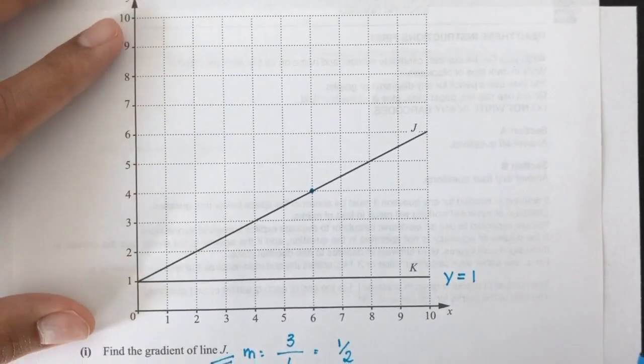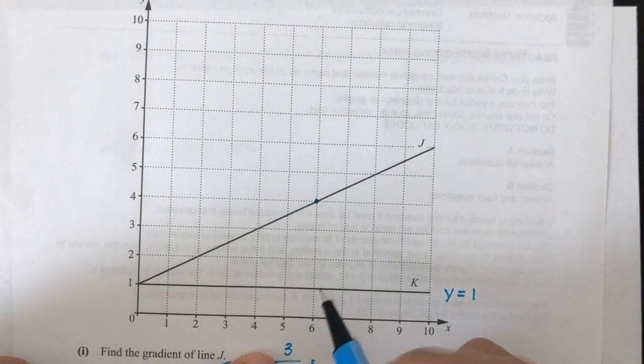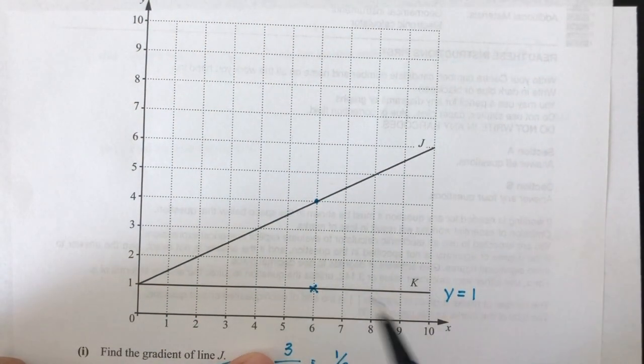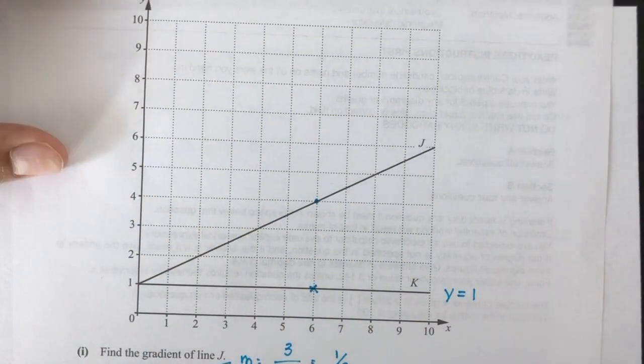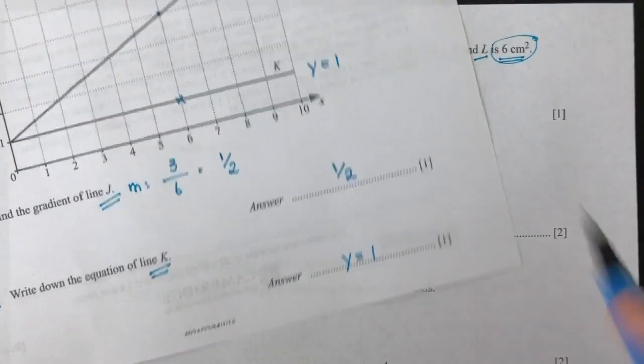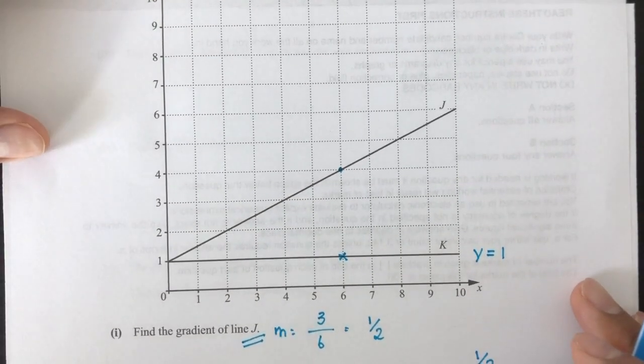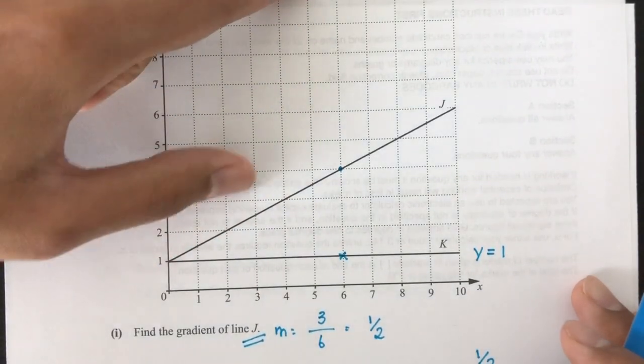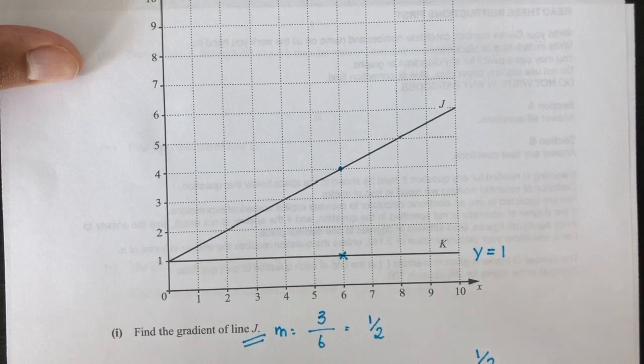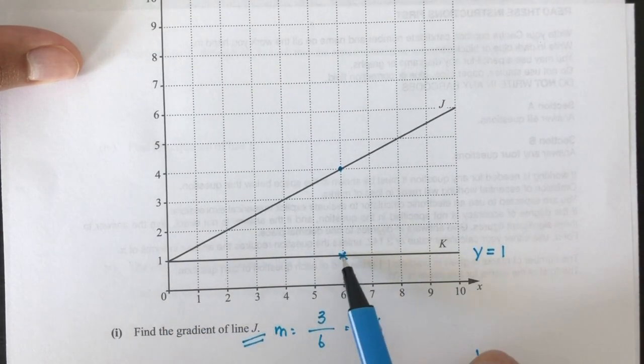The line goes through (6, 1). (6, 1) is this point here, so that the area enclosed will be equal to 6. From what I can think, I will draw a straight line, because let's count. We have 1, 2, 3, 4, 5, 6, and 1, 2, 3.